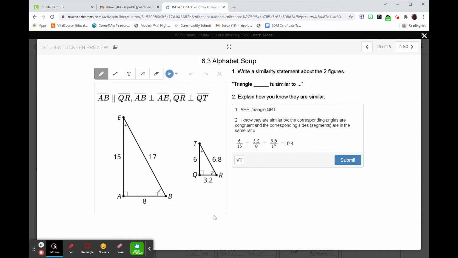And what I found is when I did the division, 6 divided by 15, 3.2 divided by 8, 6.8 divided by 17, what I got was 0.4 every time. So you want to make sure that you get the same ratio each time.